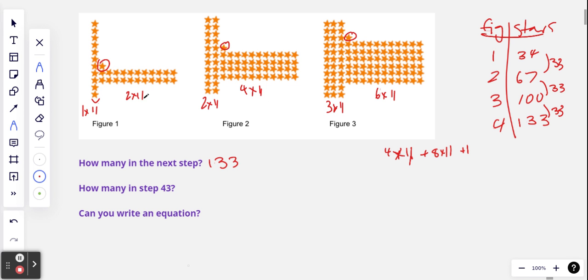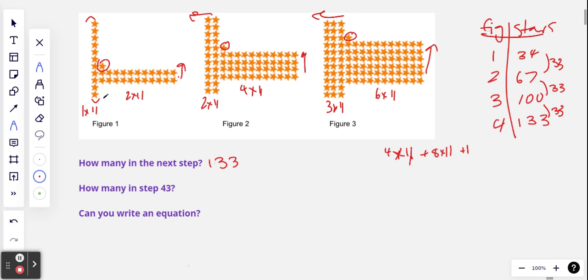Even though we have rectangular shapes and they appear to be growing, the rectangles are only growing in one dimension. So this rectangle is only getting wider every step. And this rectangle is only getting taller every step, but they're not getting taller and wider at the same time. If they were, it would be a quadratic pattern. But because they're only growing in that one dimension, it remains linear. It is a big linear pattern.